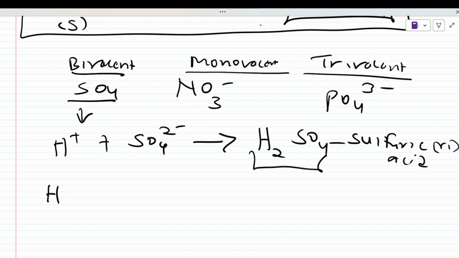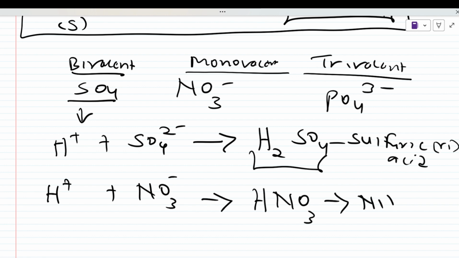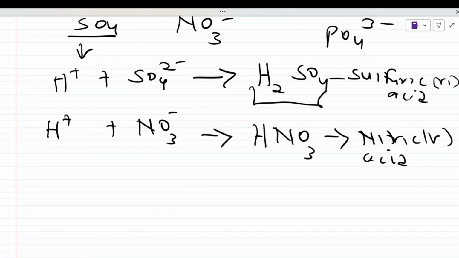I can also have H plus reacting with NO3 minus. Then what am I going to form? I'm going to form HNO3. This is nitric 5 acid. Or the one that other people call nitric acid. To balance this, I'll simply put a 2. Then that one is not, there's no need.